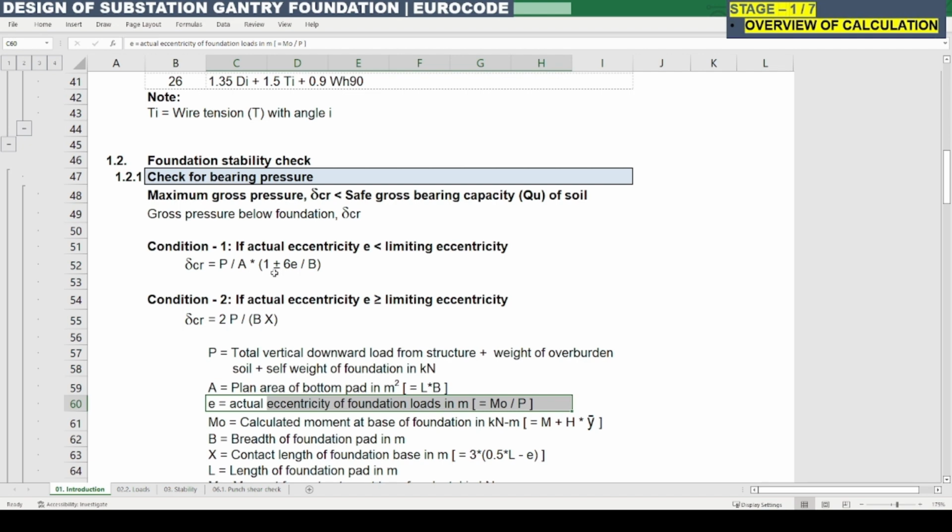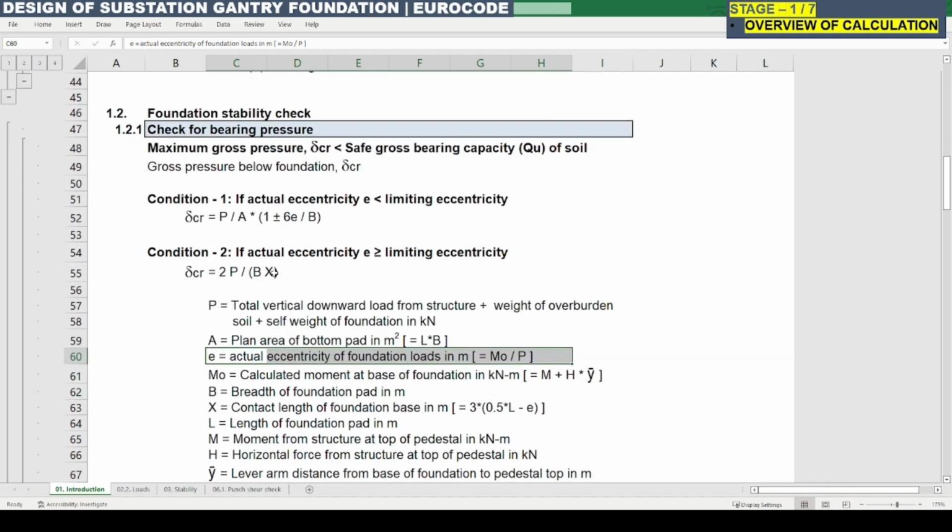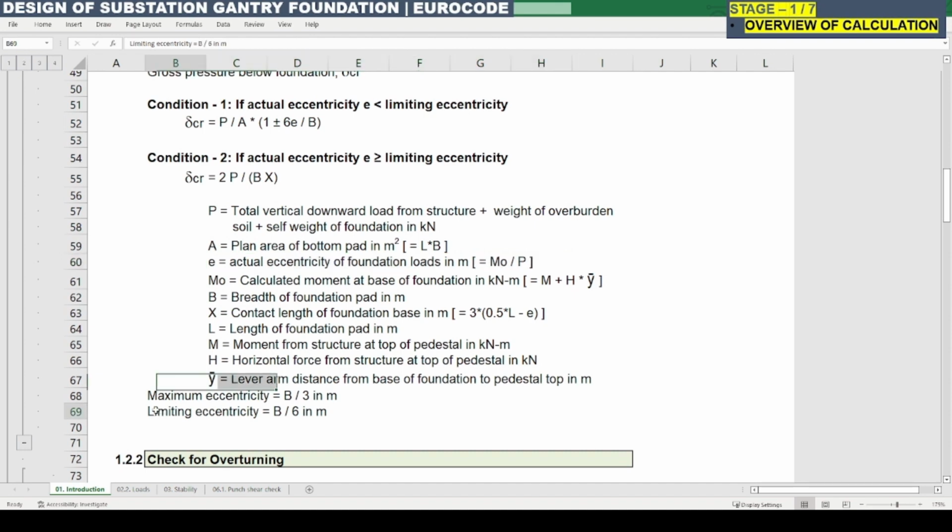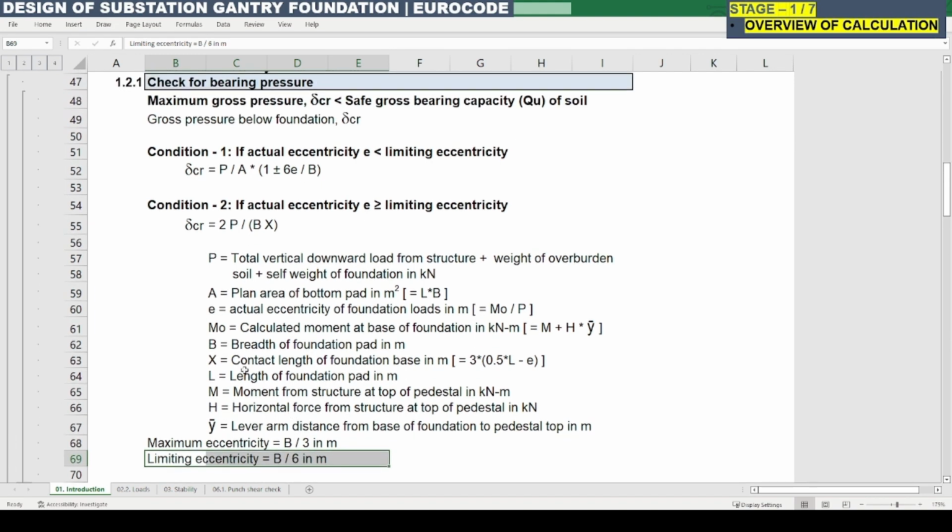This E we need to check with the limiting eccentricity. Limiting eccentricity is nothing but B, the dimension, breadth of the foundation or the length of the foundation, which is towards the moment which we are going to calculate, divided by 6. So if this calculated eccentricity is less than the limiting eccentricity, then we need to go for the first condition.